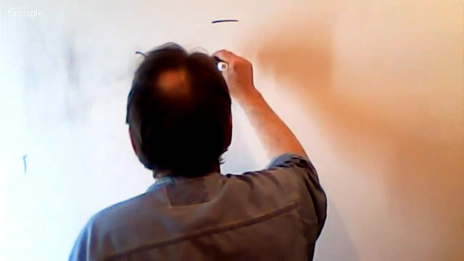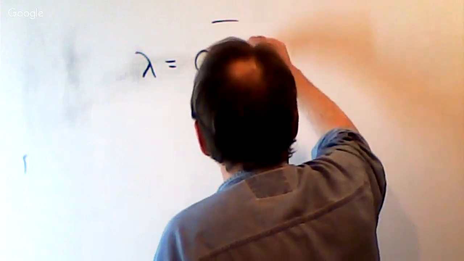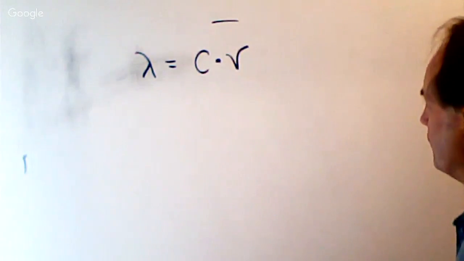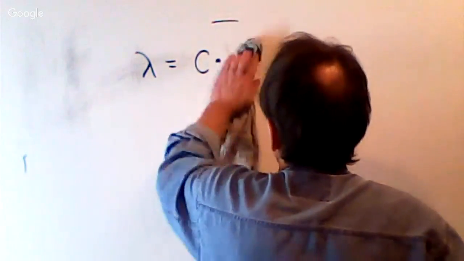This will be the speed of light in meters per second divided by the frequency, which we use either nu or F. I'll use F because it's more indicative of frequency.